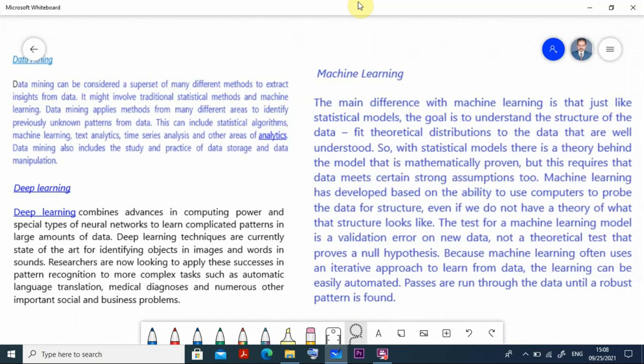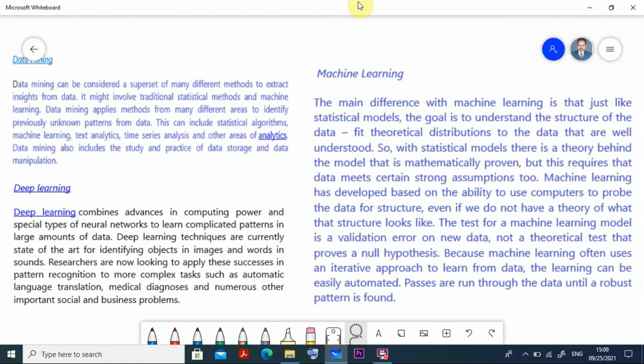It might involve traditional statistical methods and machine learning also. And data mining applies methods from many different areas to identify previously unknown patterns from the data. This can include statistical algorithms, machine learning algorithms, text analytics, time series analysis, and other areas of analytics. And data mining also includes the study and practice of data storage and data manipulation. Everything we can do with these things.